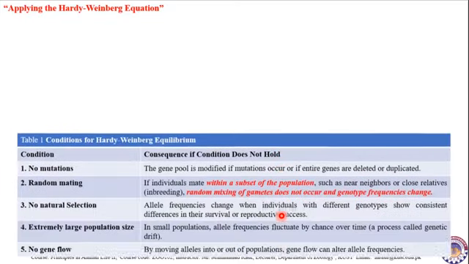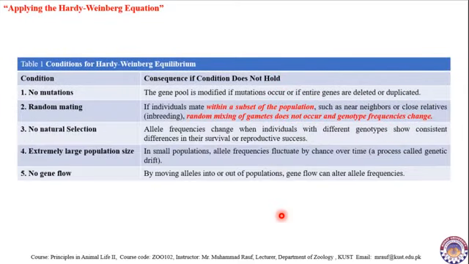So now we will study the prerequisite conditions which must be obeyed by a population, and only then will its allelic and genotype frequency, or its genetic composition, not change through successive generations, or simply this population will not evolve. So the prerequisite conditions are: no mutation.